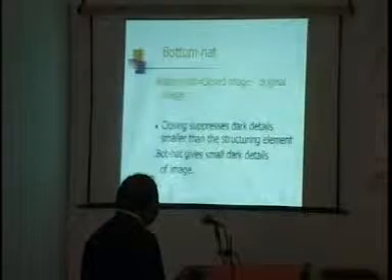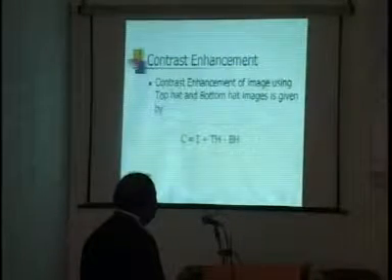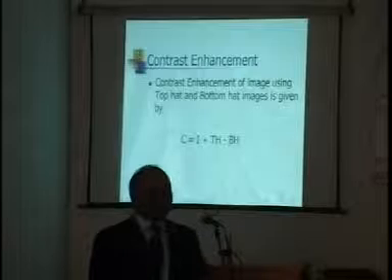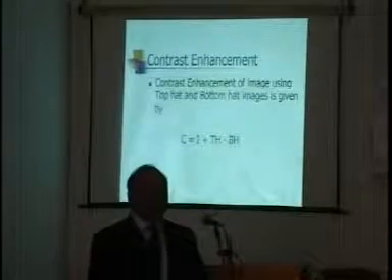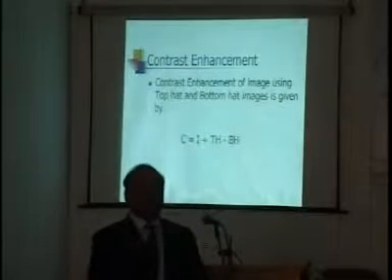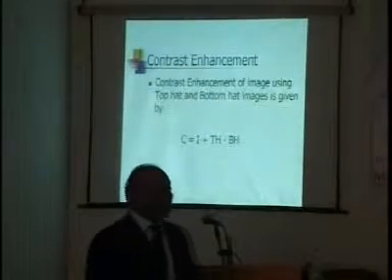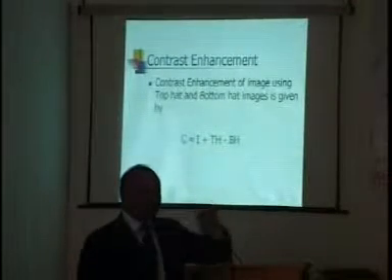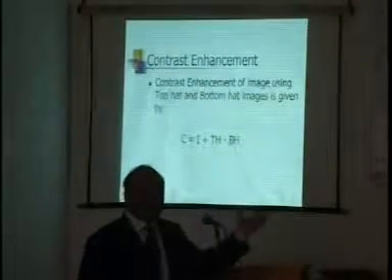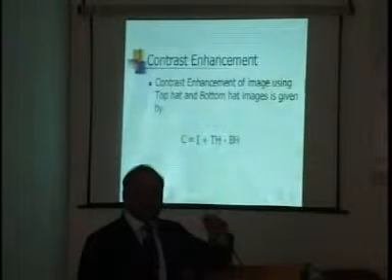So, bottom hat, now contrast enhancement. I told you that by extracting small bright dots and black dots, there may be some change in intensity. Now what I do is take the original image and superimpose on it these white and black dots.